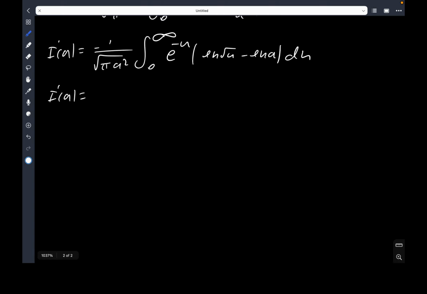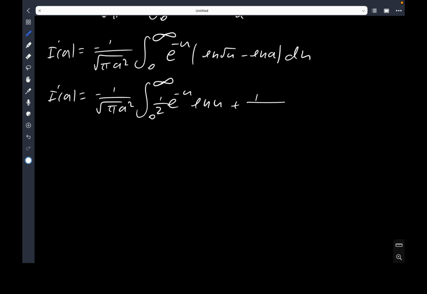So I prime of a is negative 1 over root pi a squared, the integral from 0 to infinity of e to the negative u, with the 1 half moved down, ln u, plus 1 over root pi a squared, the integral from 0 to infinity of e to the negative u ln a du. So this ln a is going to move outside.